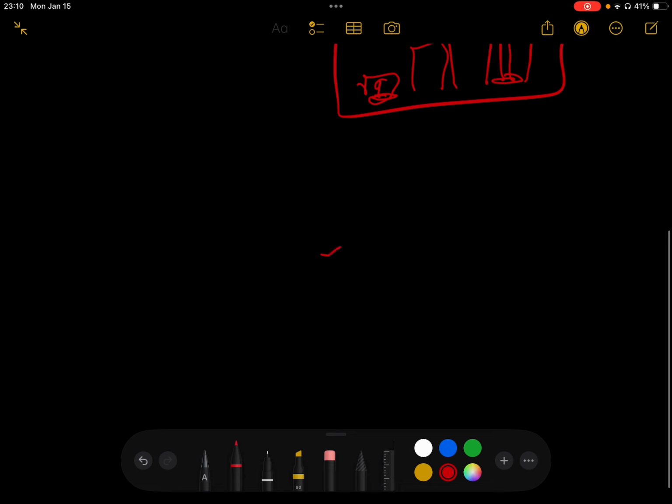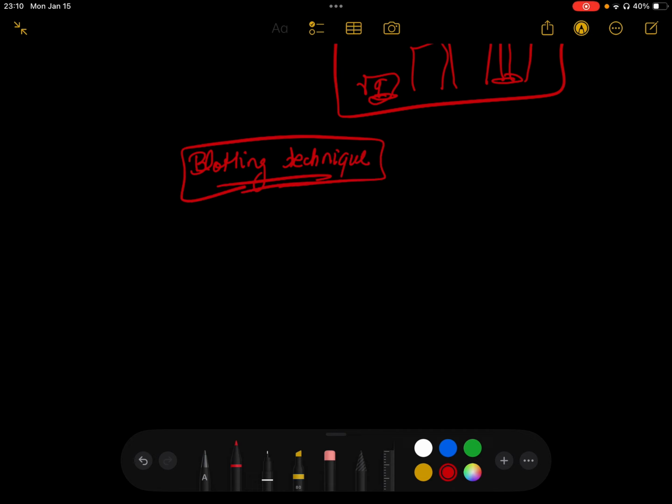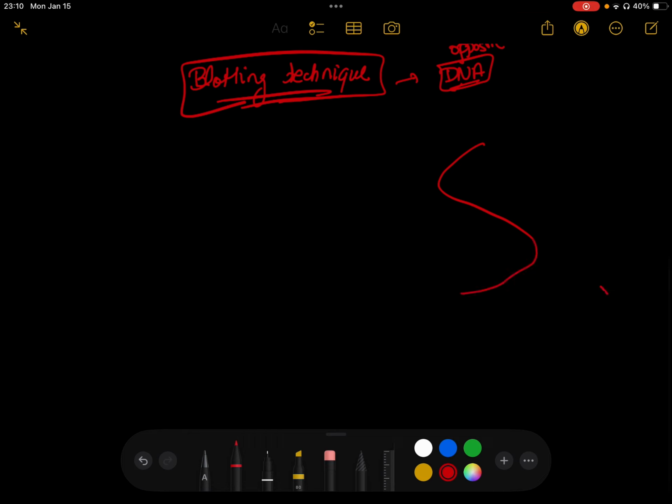Then third is blotting technique. In blotting technique, basically the process is like we make some DNA which is the opposite DNA. If I explain, suppose there is DNA and I want to study this part.